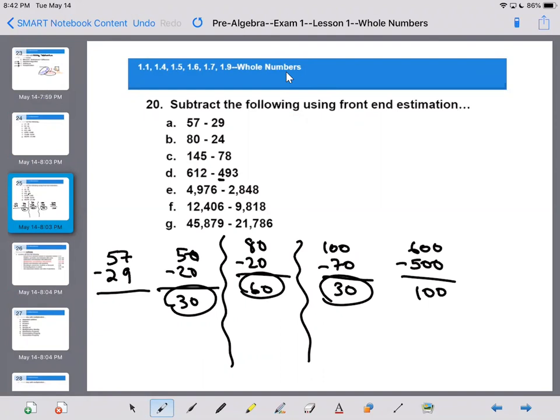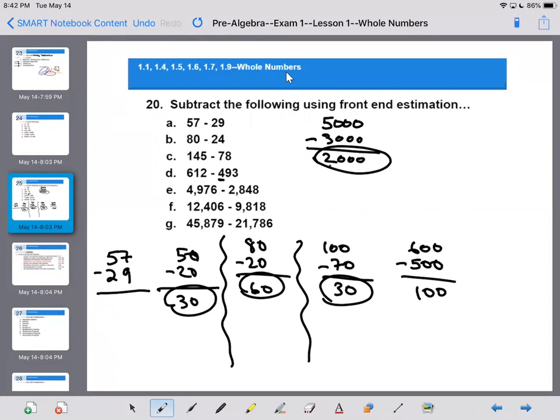The 4,976, I could say that's about 5,000. 2,848, that's about 3,000. And the difference would be about 2,000. Well, 4,976 minus 2,848, the actual difference is 2,128.